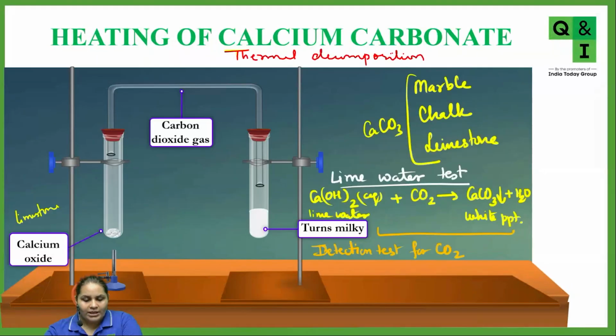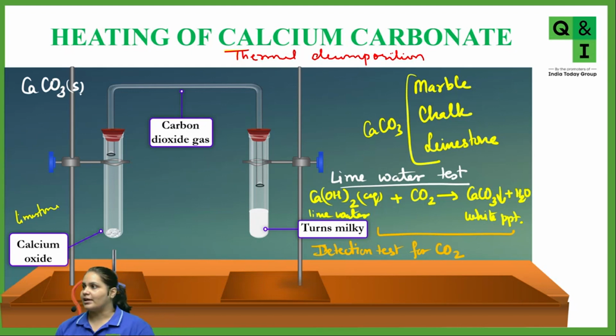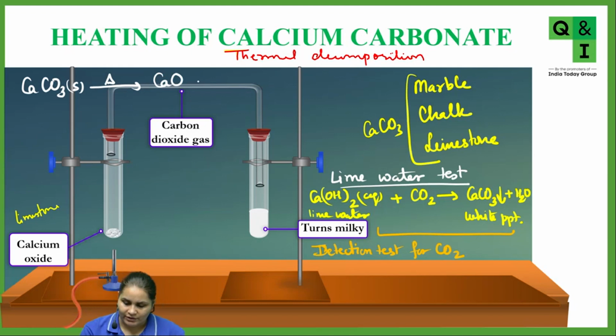So what is the reaction going on here? Calcium carbonate, which is solid in state, when you heat it, it undergoes decomposition with the help of heat and forms calcium oxide and carbon dioxide, right?